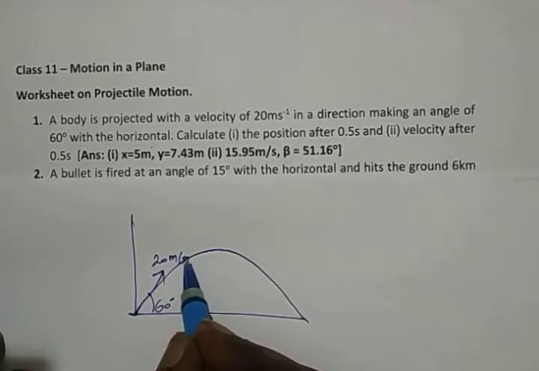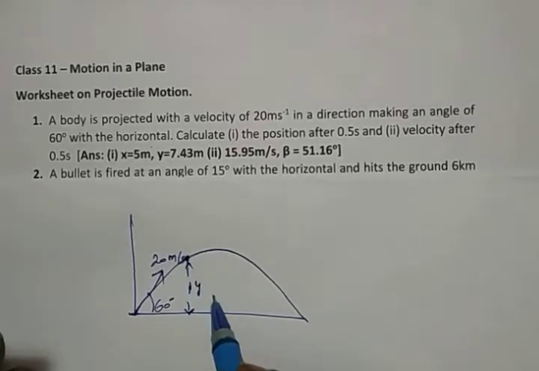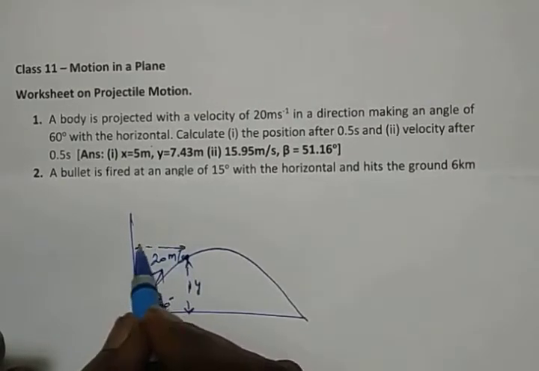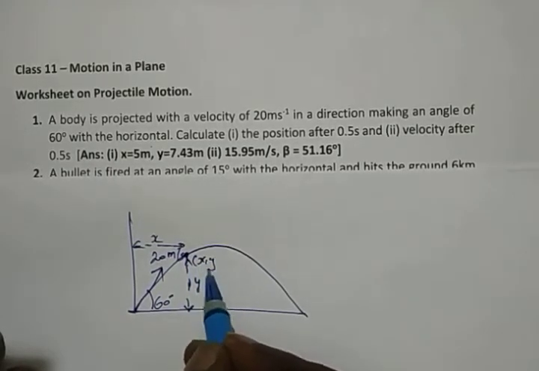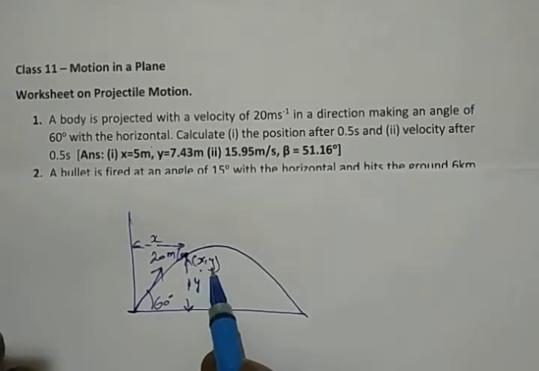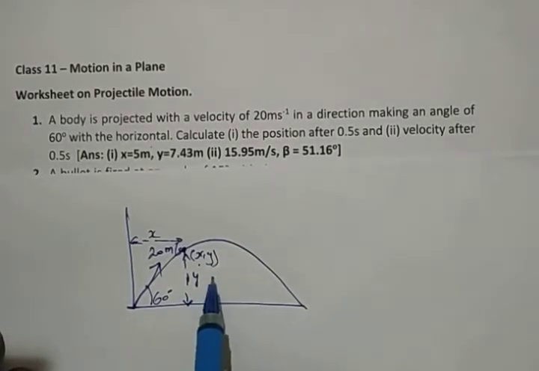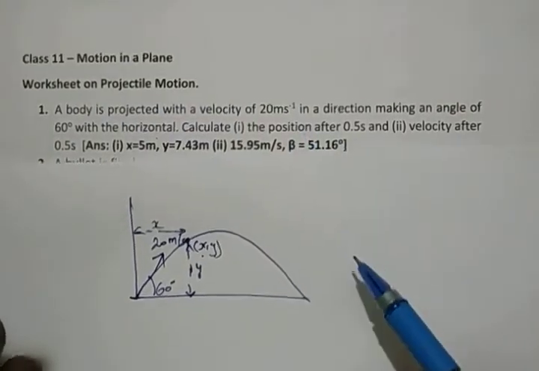Let us imagine this is the position, which makes a distance y here, and here also you will get a distance x. So it is going to be x comma y over here. We need to find out both x and y. Only then will we be able to clearly give the position at 0.5 seconds.